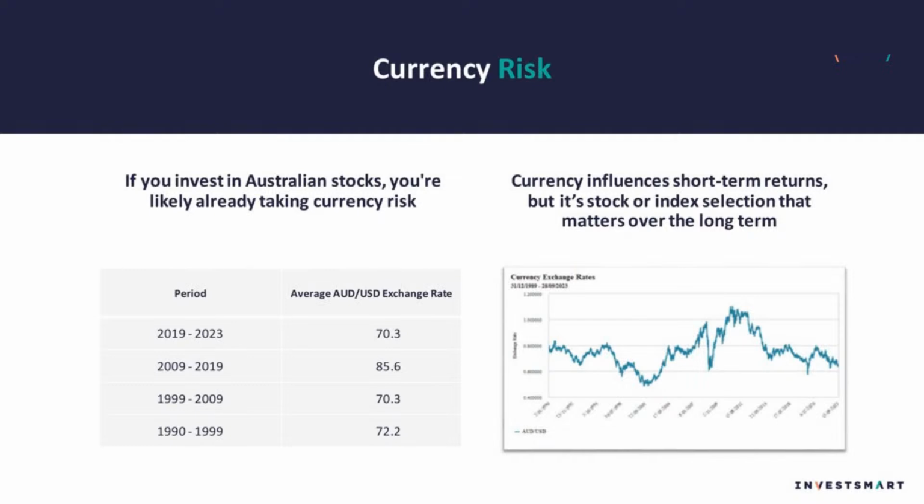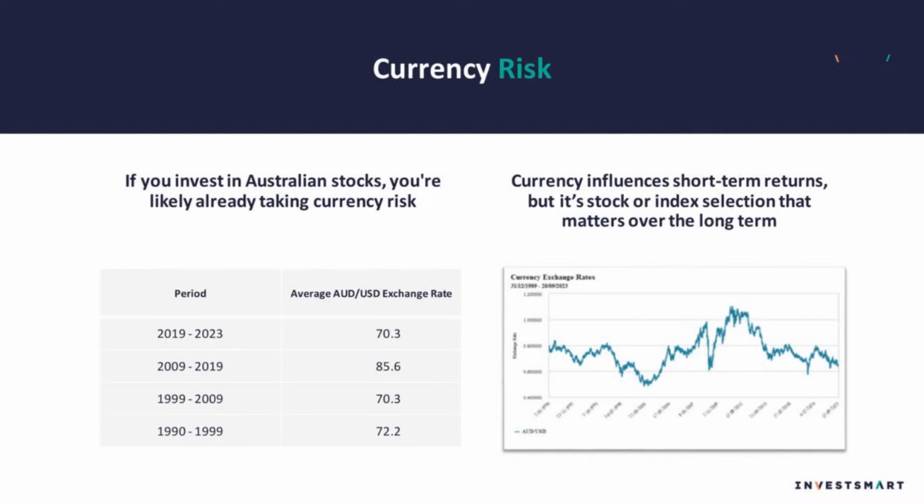If you look at the 4 periods here, this is the Australian dollar versus the US dollar exchange rate. Only in one of those periods has it been materially different from 70 cents, and over the long term it really just averages 70 cents. So if you're investing overseas for 5 or 10 years, I don't think currency is a major concern to worry about.